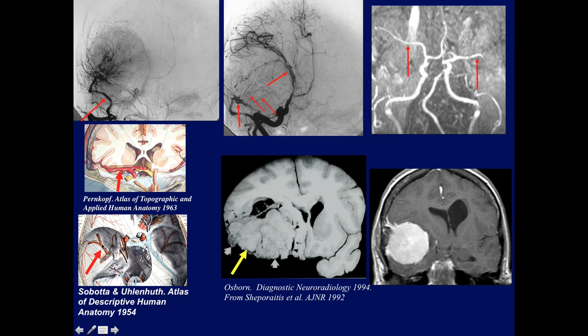And here's the middle meningeal on the floor of the middle fossa. And here we can see how it's markedly expanded. And this anatomic specimen from the literature shows this marked meningioma. So again, a pterional meningioma, which is markedly enlarged and now involving a large portion of the sphenoid ridge.